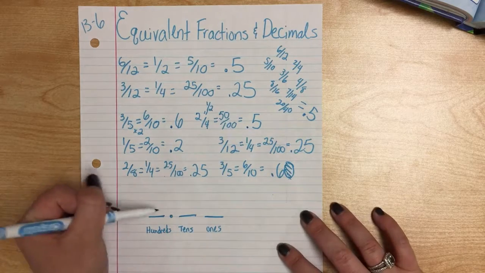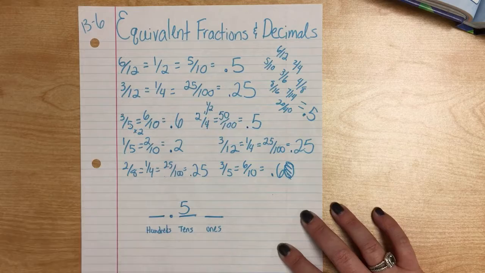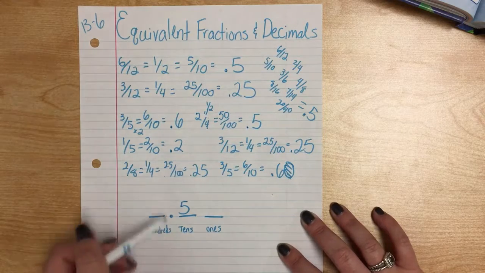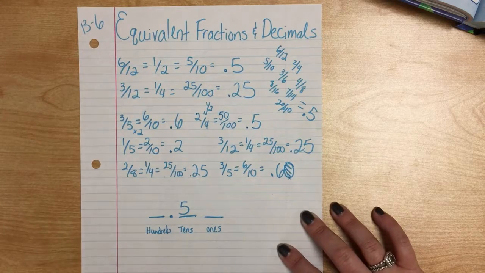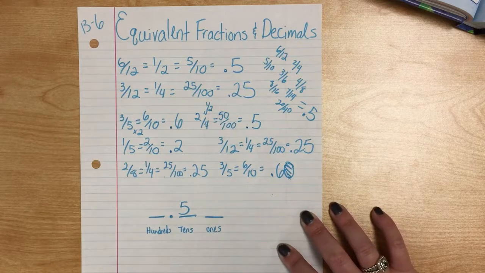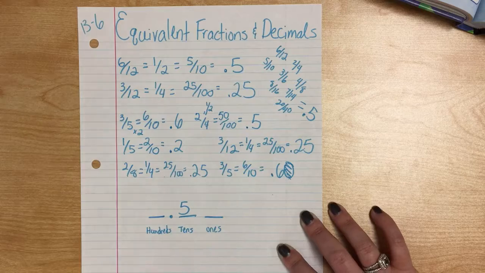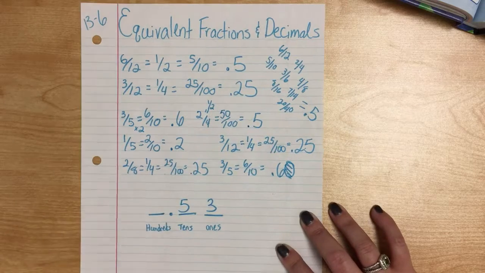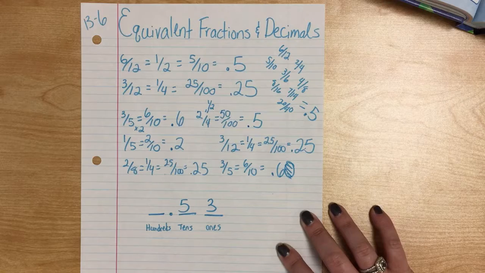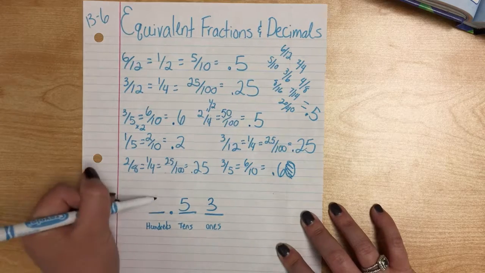Because if I just have 0.5, there's nothing after it, but I can imagine that there is a 0. So really 0.5 means 50. Now if I have 53, I can't just do 0.5. I have to write the whole thing. It becomes 53. And then if I have a whole 100 pennies as well, I have an additional dollar.